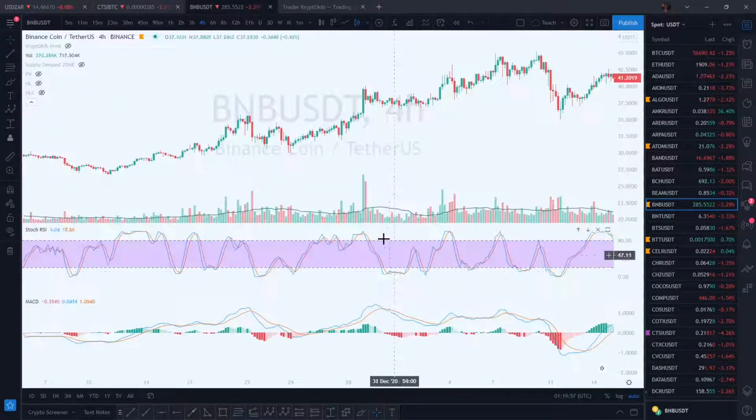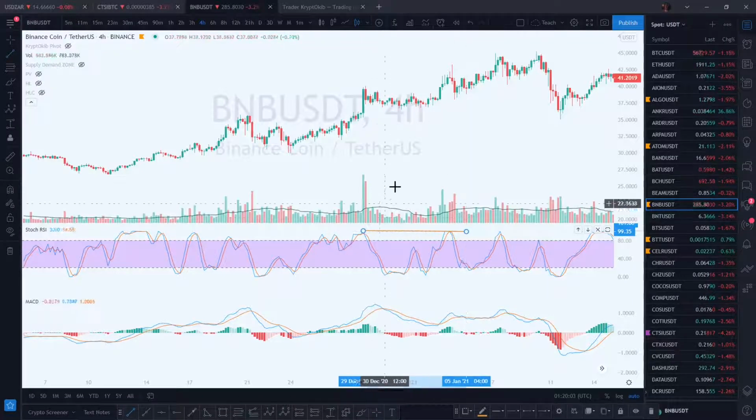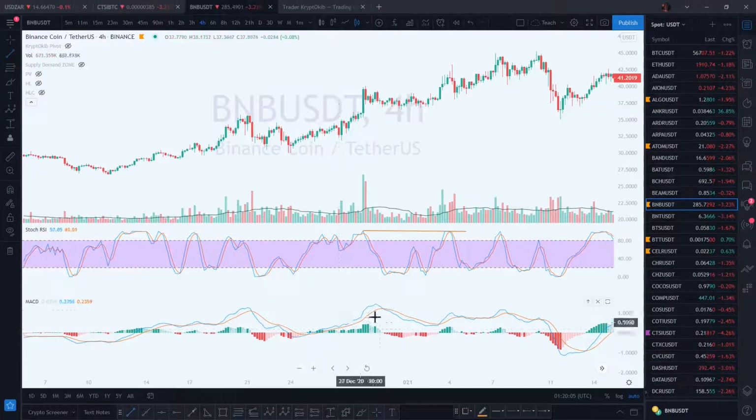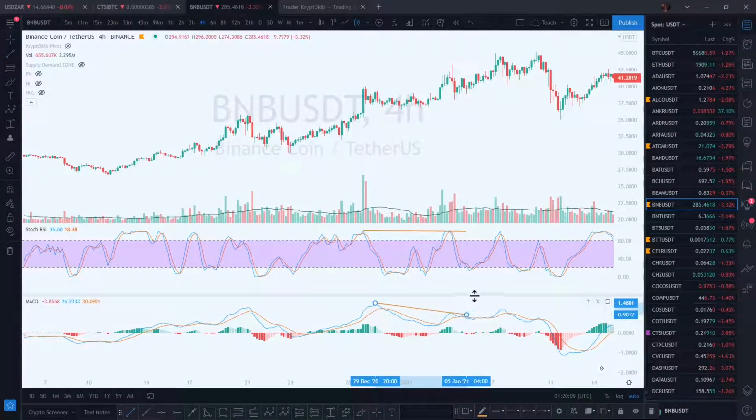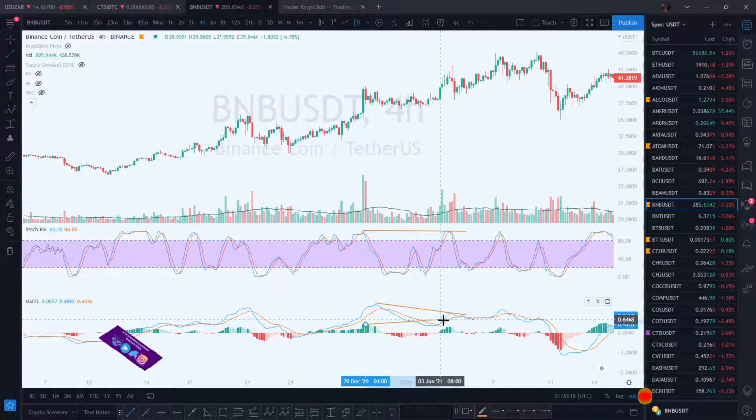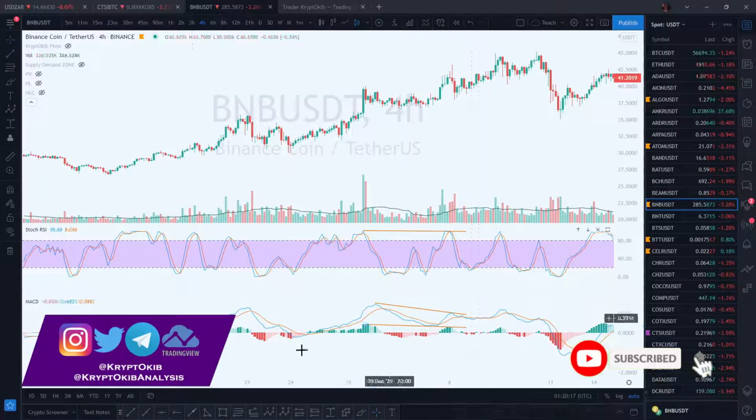Yes, we have a double top here. This top to this top is exactly the same. This top, which is a high, is similar, right? It doesn't have to be at exactly the same place. And then the MACD histogram is also making lower highs.